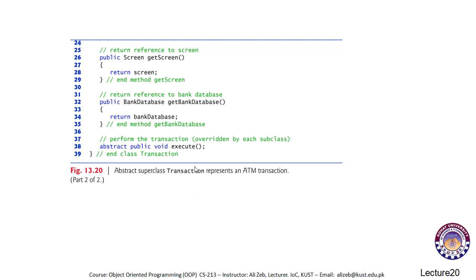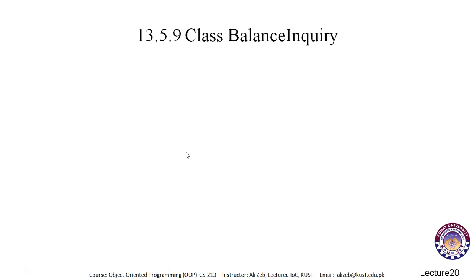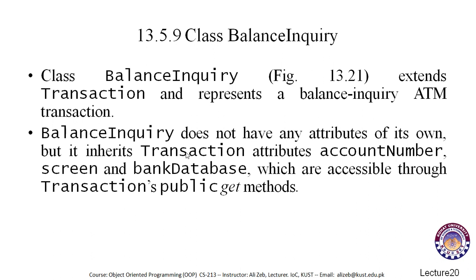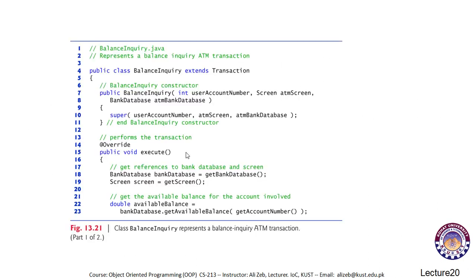You can see that the execute method is abstract, so all of the subclasses of this class must implement this method. The BalanceInquiry class extends Transaction and represents the balance inquiry ATM transaction. BalanceInquiry does not have any attributes of its own, but it inherits Transaction's attributes: account number, screen, and bank database, which are accessible through Transaction's public get methods.